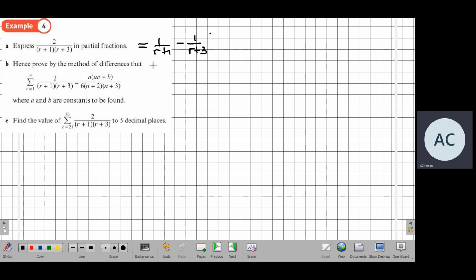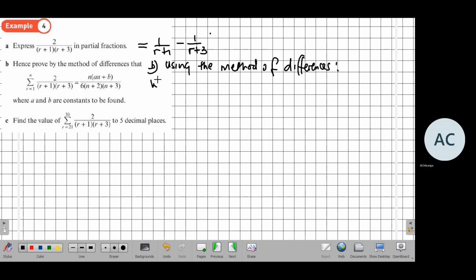Now we go to the part that is important, which is to find the sum by using the method of differences. Using this method, we can see that when r is equal to 1, if I put a 1 here and there, I'm going to have 1 over 2 minus 1 over 4.